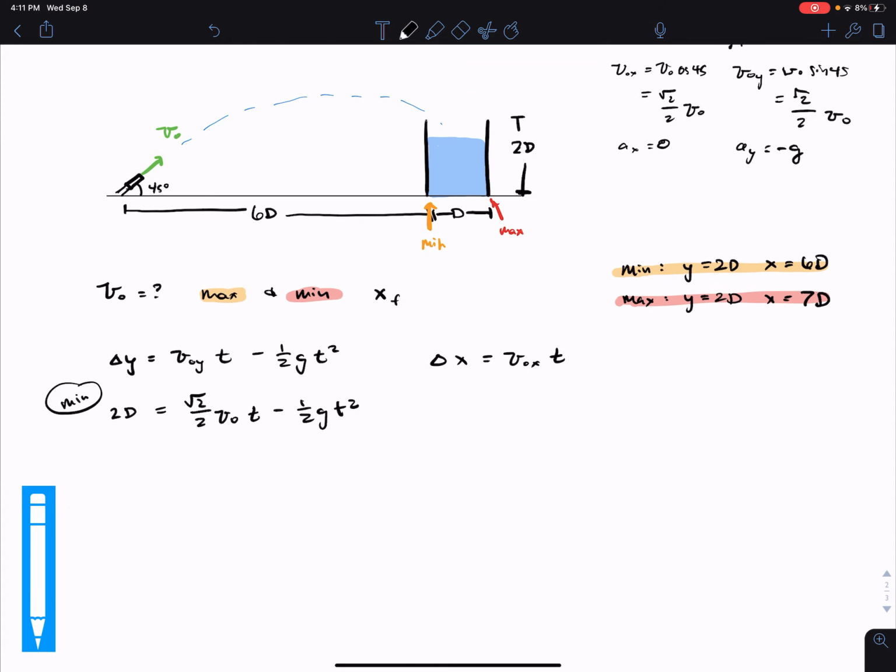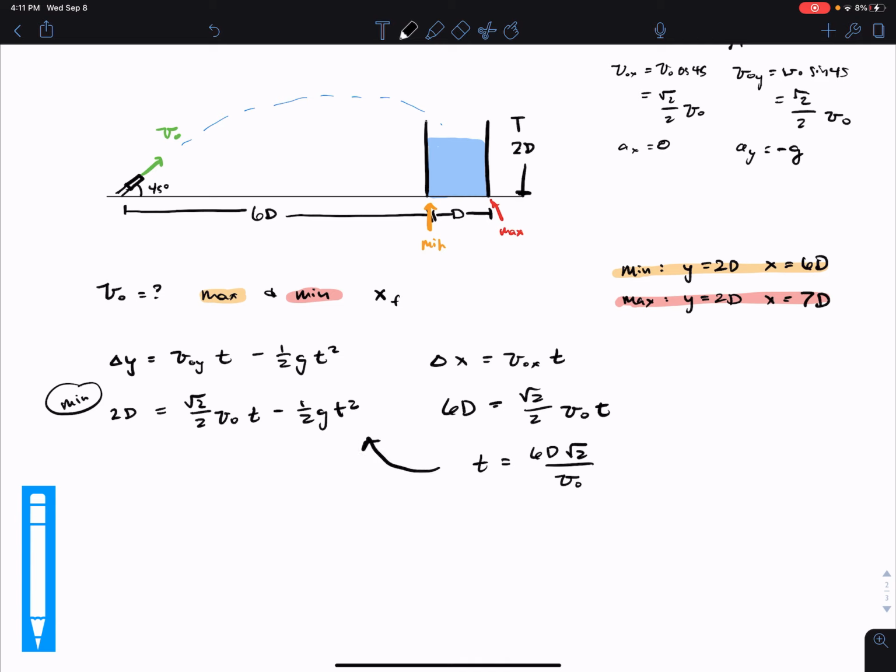Okay, so we're solving for the speed, and that means we need to also do this. So our delta x, that's going to be 6d, is equal to root 2 over 2 v naught t. So we solve this for t, which is going to give us 6d root 2 over v naught, and we plug it in over here.